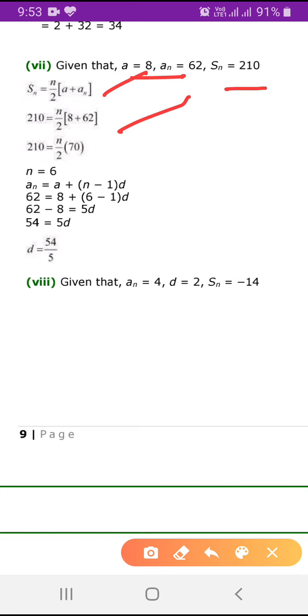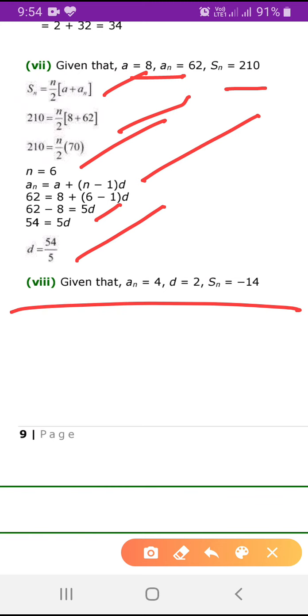Now Sn equal to 210 equal to n by 2 into 8 plus 62, 8 plus 62 is 70, and after solving n equal to 6. Put in an equal to a plus n minus 1 into d: 62 equal to 8 plus 6 minus 1 into d, 62 minus 8 equal to 5d, and d equal to 54 by 5.